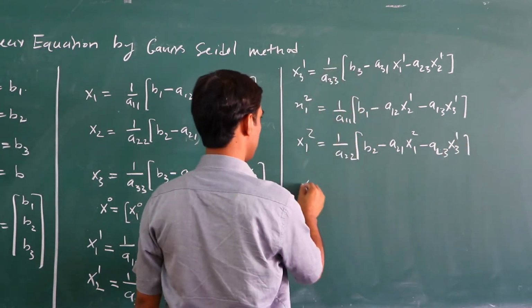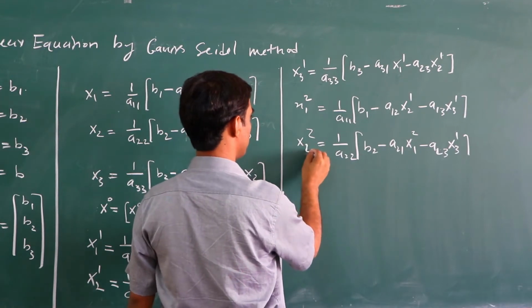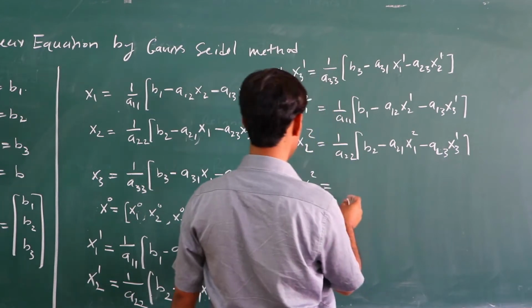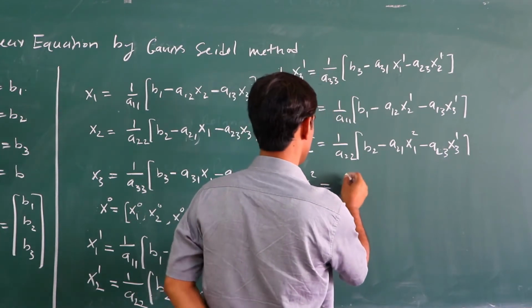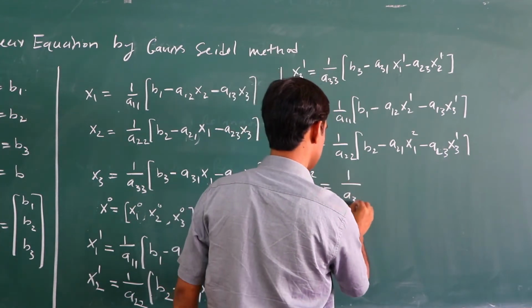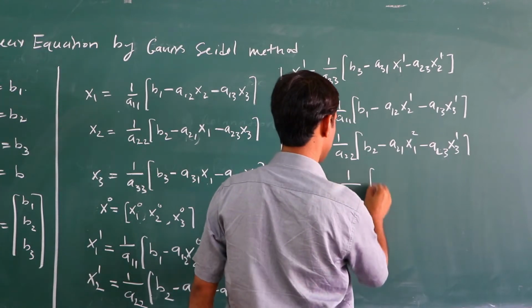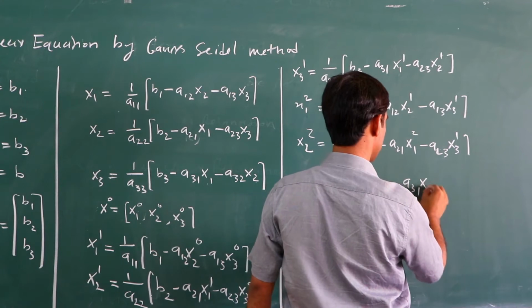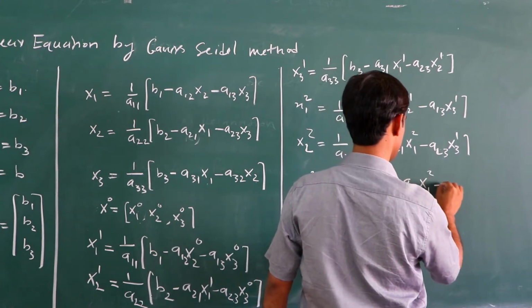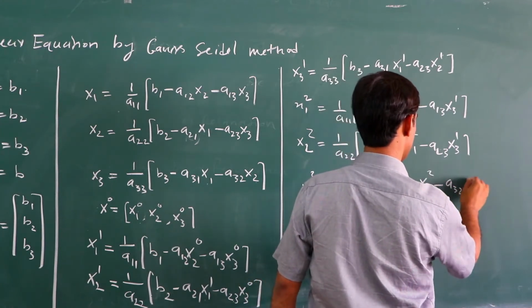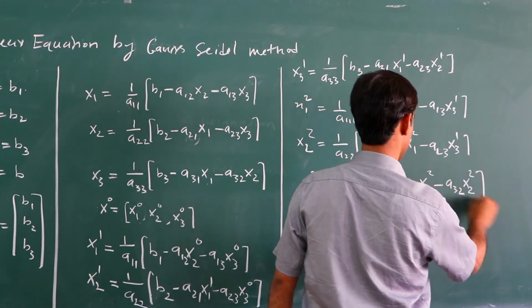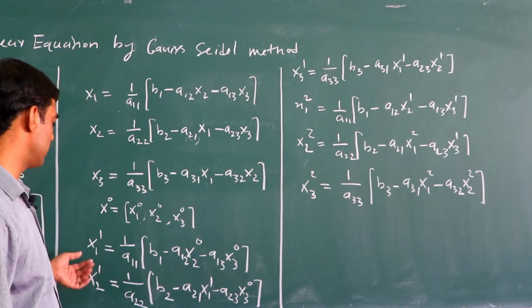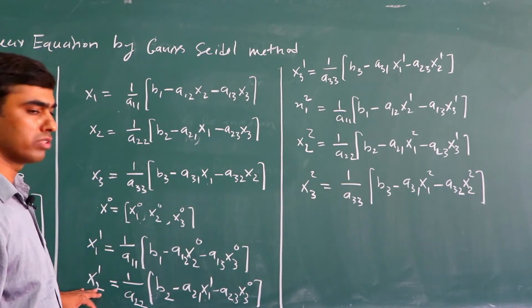And to find the value of x32, this becomes 1 upon a33 times v3 minus a31 x12 minus a32 x22.